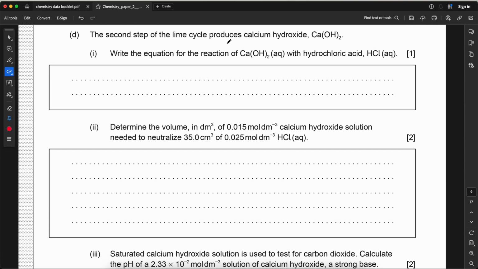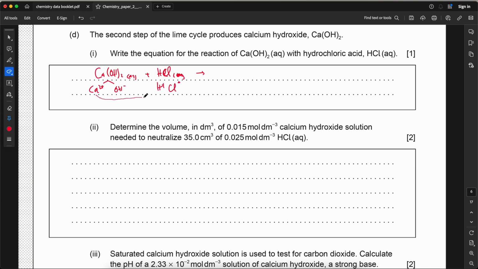The second step of the lime cycle produces calcium hydroxide. Write the equation of the reaction of Ca(OH)2, calcium hydroxide, with HCl. So calcium hydroxide aqueous plus hydrochloric acid aqueous will produce... If you don't know how, make it into ions: Ca2+, OH- (2 belong to Ca), H+, Cl-.